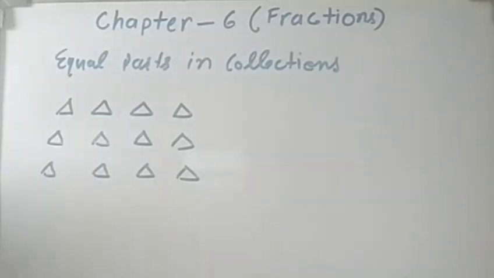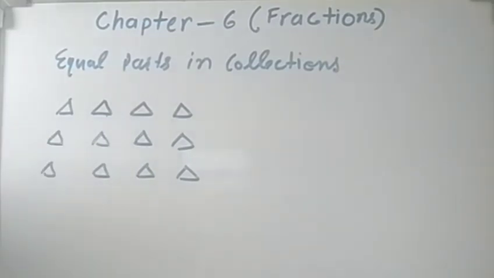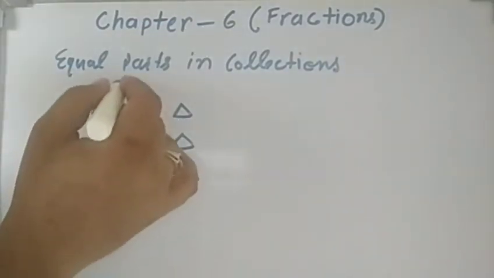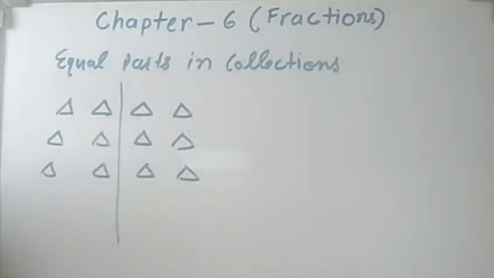See, in one row, 1, 2, 3, 4, 4 triangles are there, right? So we can divide it from here, 2 on this side, 2 on this side. So each part contains an equal number of triangles, 6 in the first part and 6 in the second part.